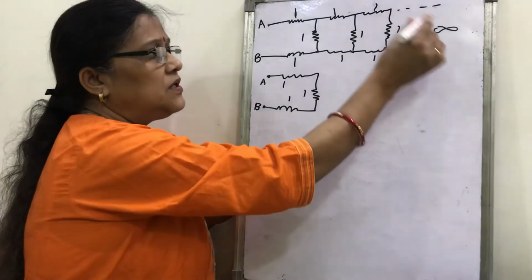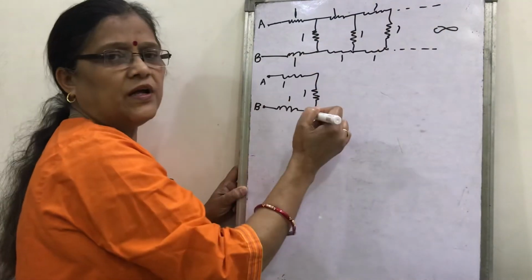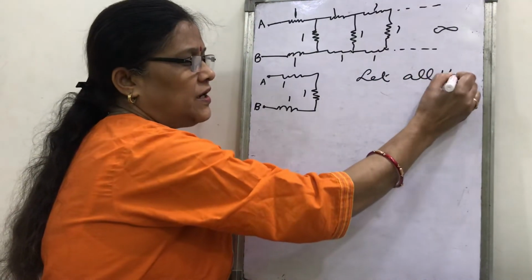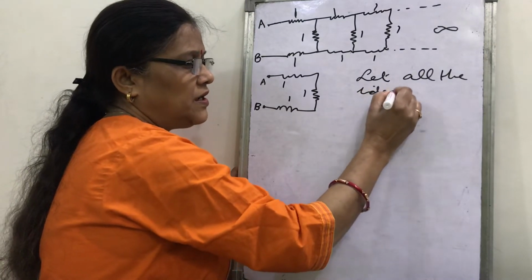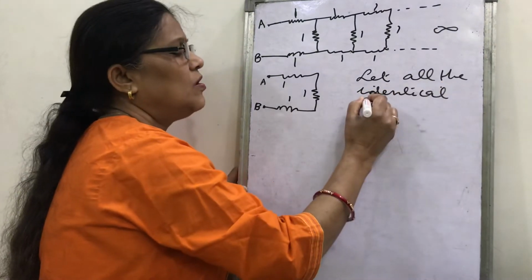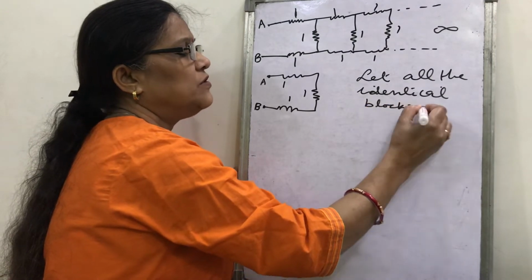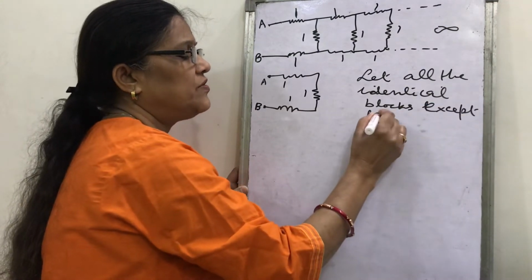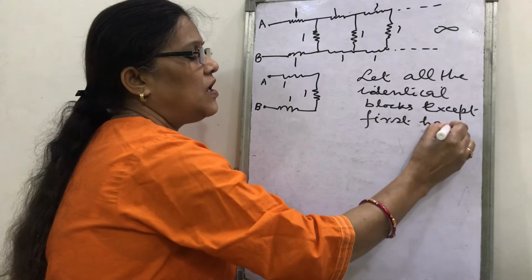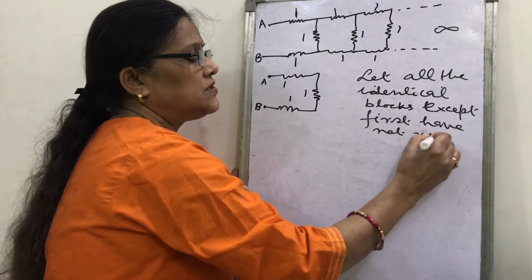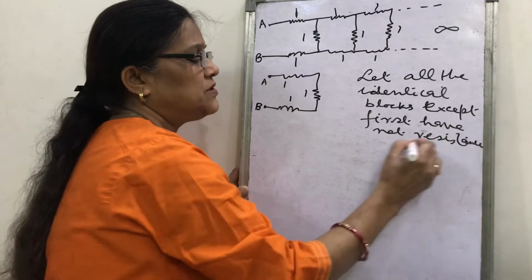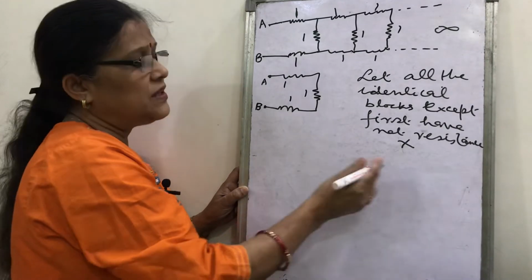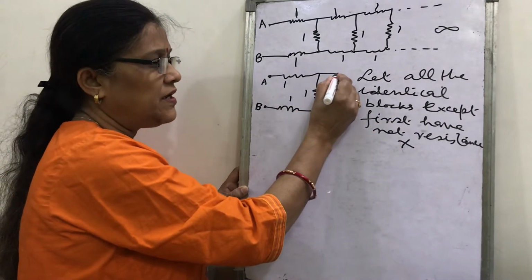Let all the identical blocks or frames, whatever you say, except the first, have net resistance, and you suppose that is X. So you can assume that this X is connected here like this.